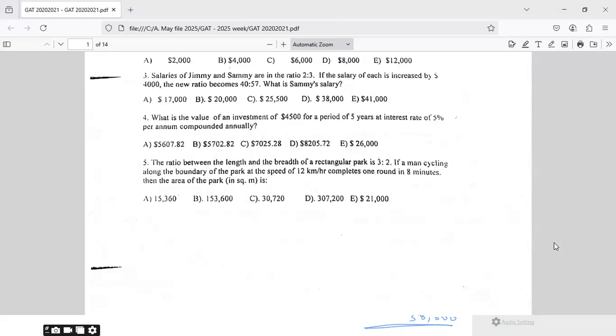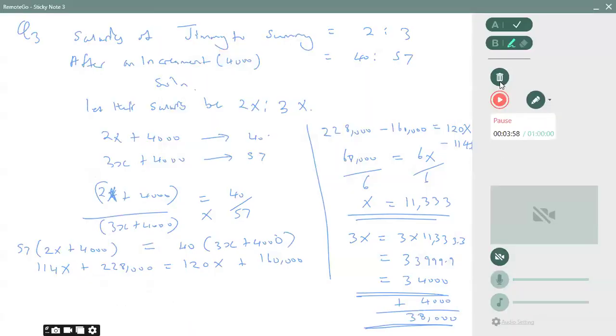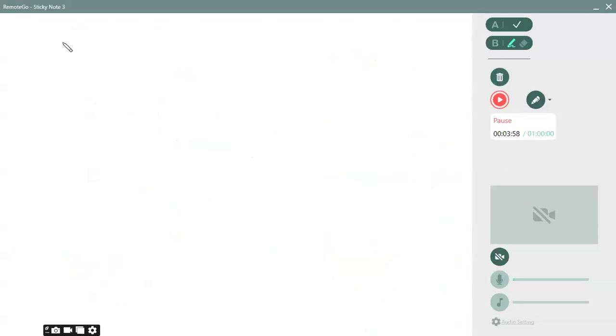Compound interest is interest calculated on the initial principal and also on the accumulated interest from previous periods, meaning it's like compounded twice. But you may not know all the details. What you need to know as a candidate is a formula to apply.